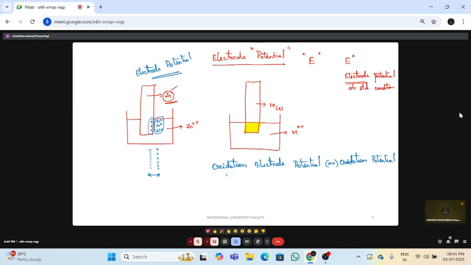As I told you already, a few metals may get reduced, and because of reduction, there may be a potential difference generated. That kind of potential difference is called reduction electrode potential, or it is also called reduction potential. That's it.